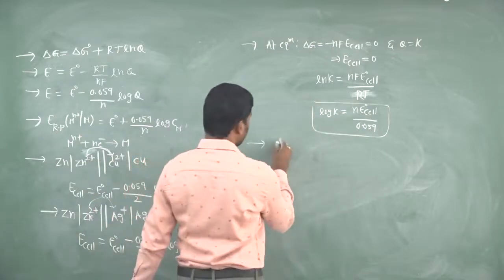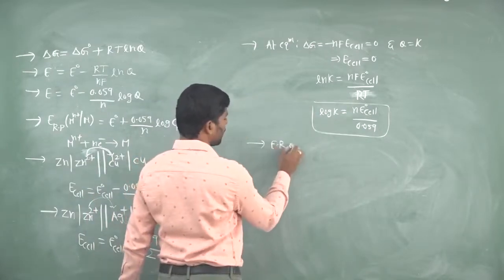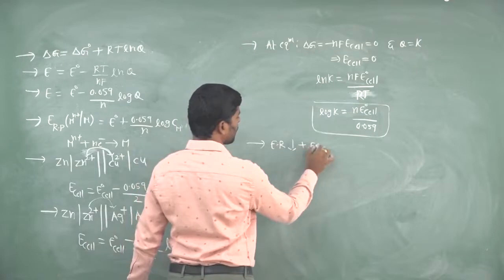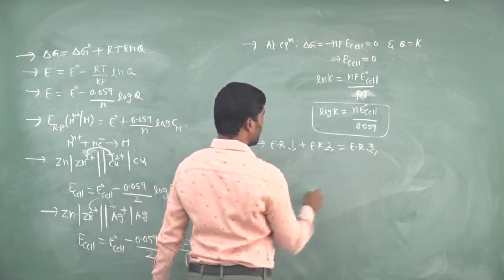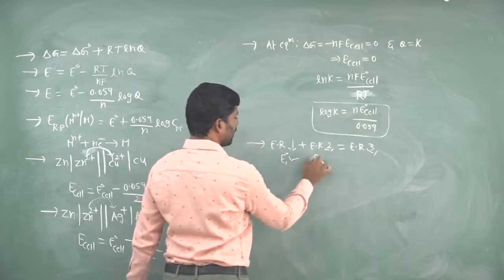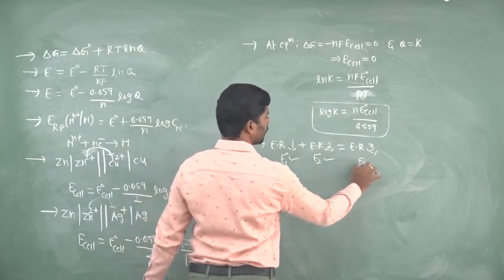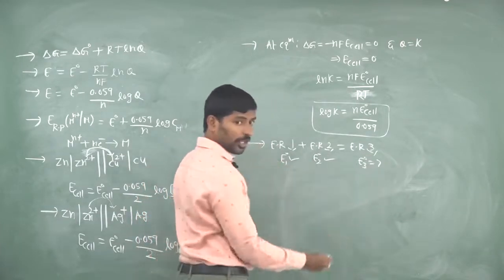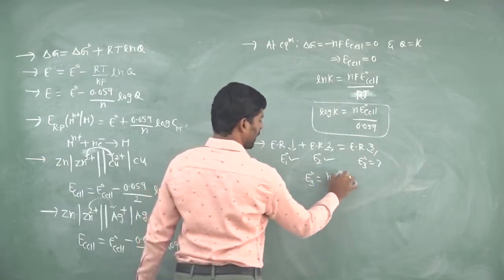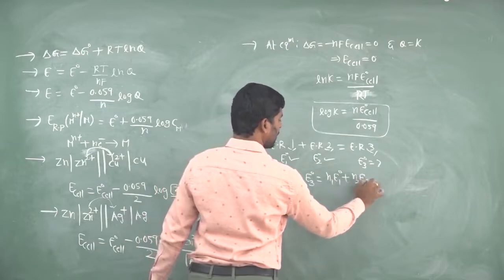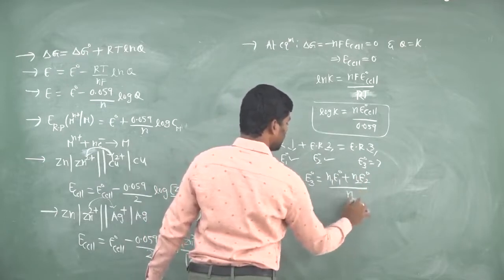For example, we add 2 electrode reactions: electrode reaction 1 plus electrode reaction 2 gives a third electrode reaction. E1 naught and E2 naught are given, and we want to calculate E3 naught. What is the formula? E3 naught is equal to N1 E1 naught plus N2 E2 naught by N3.